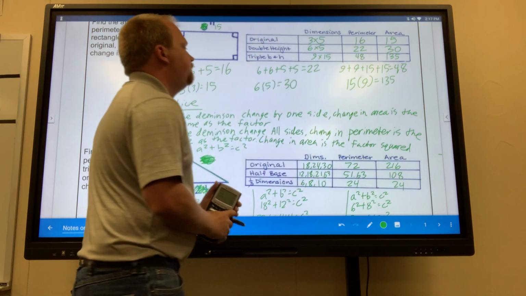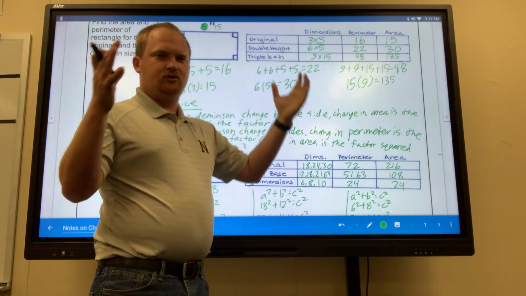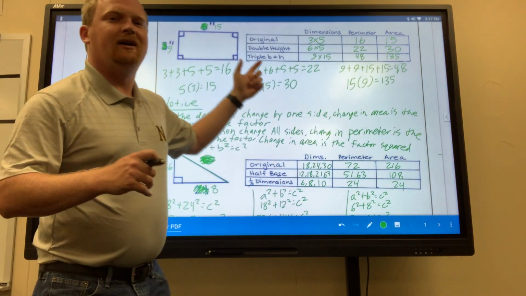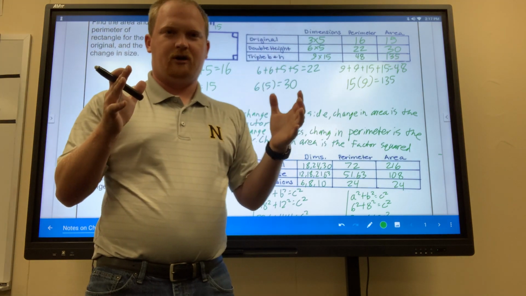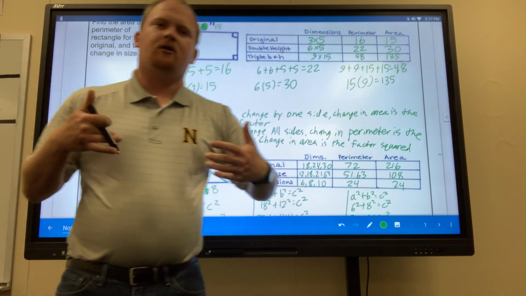So for example, if I double the original, then I multiply the area by 2 squared. If I multiply it by 5, the area changes by 5 squared. That's how we find a change in area and perimeter.